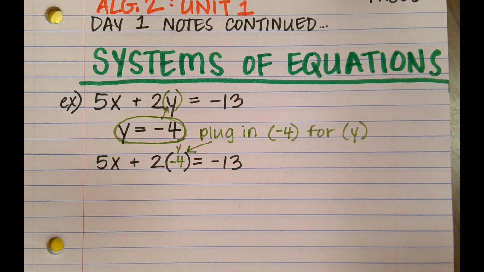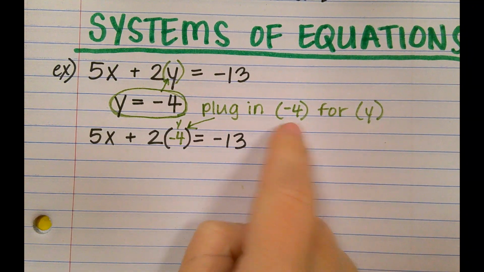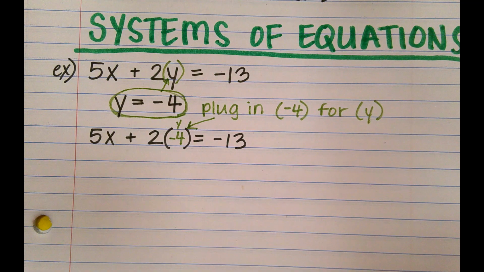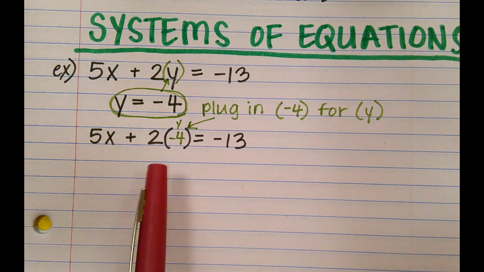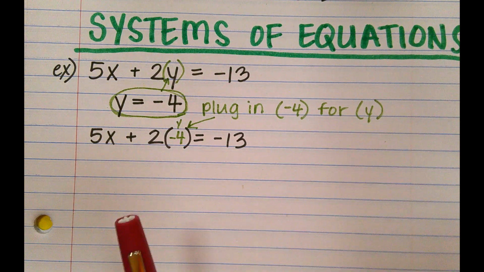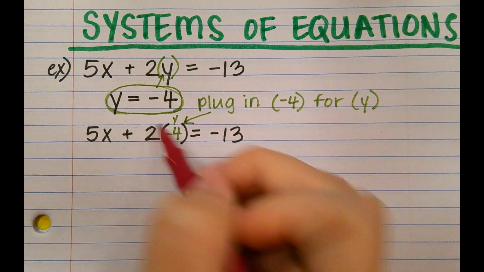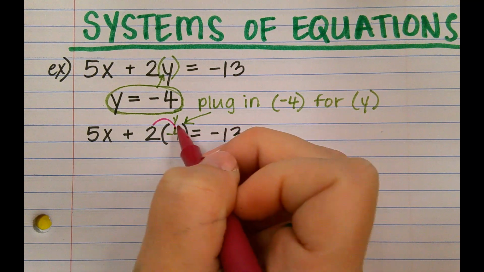Something that is a good note to remember, and I will repeat this a million times this term: as soon as you plug in a number for a variable, your next step is usually going to be to distribute or to multiply. Because I can't keep my problem like this. What do I do here? 2 times -4.